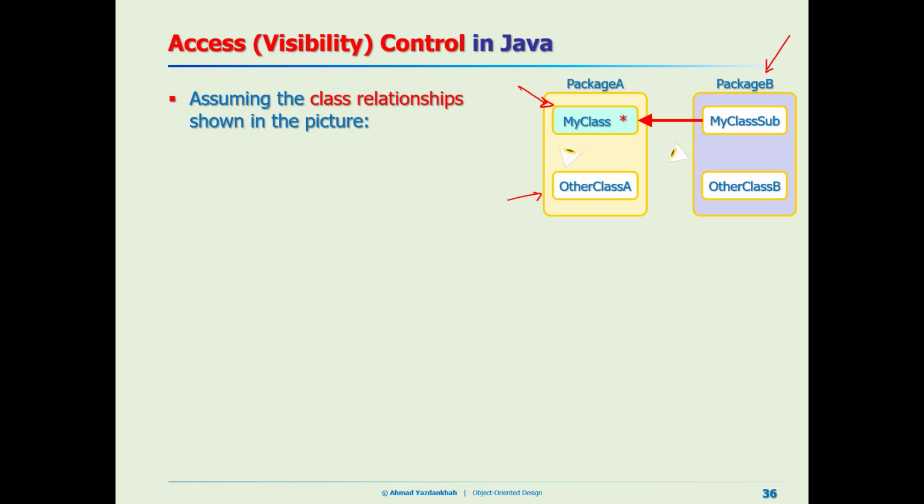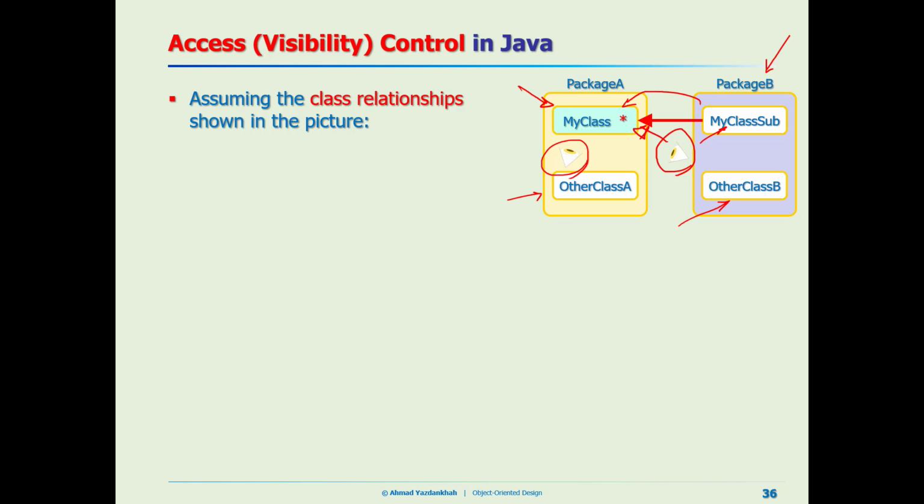It means that this class is inheriting from MyClass, and there is another class in that package, other class B. All right, and all of these classes are looking at MyClass. You see this guy is looking at this MyClass. And the question is, what do they see from MyClass? Which members are visible?